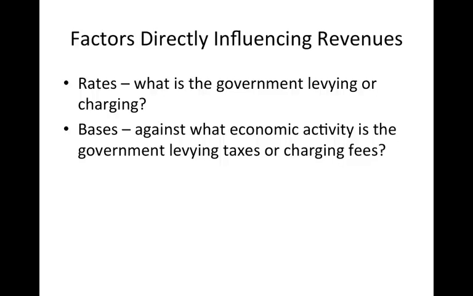That base is some kind of economic activity like retail sales or the earning of income or the purchase of a home, or changes in the value of their home or other property that's owned, consumption of water, if there's a charge for water consumption. These are the two factors that determine how much revenue they're going to have.